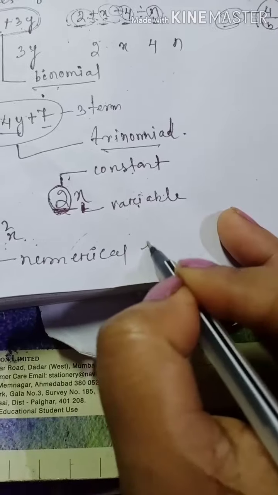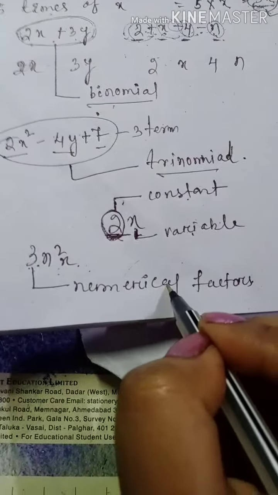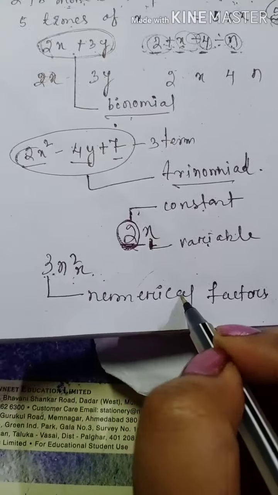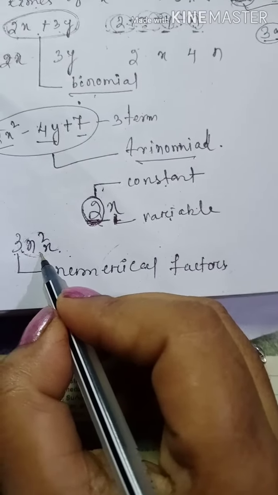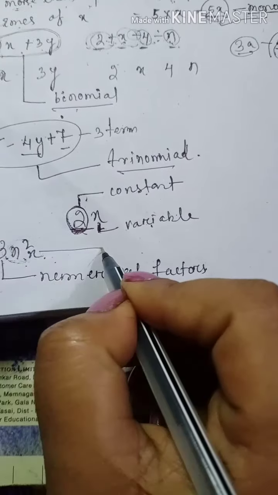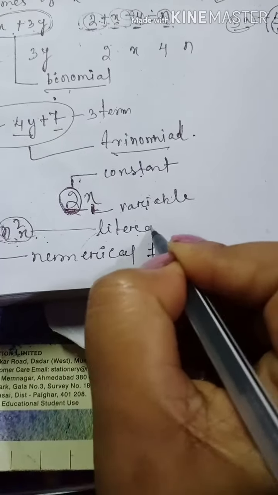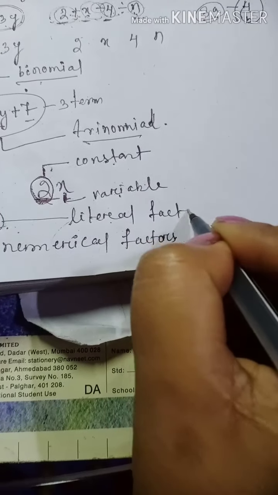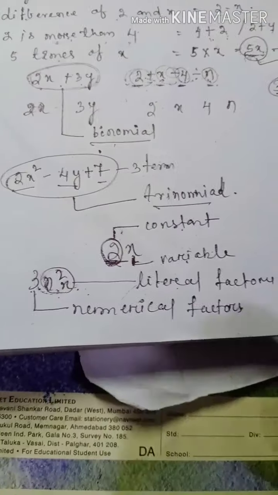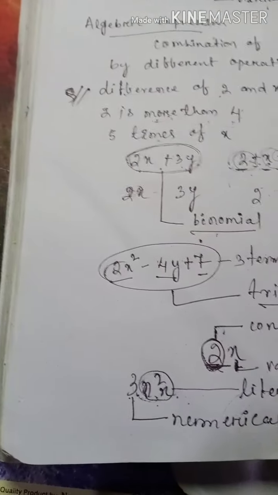What is that? Numerical factor. Clear? And as these are the literals, whether it is more literals or one literal, they are termed literal factors. Clear? This is the numerical factor, this is the literal factor. Okay, students?